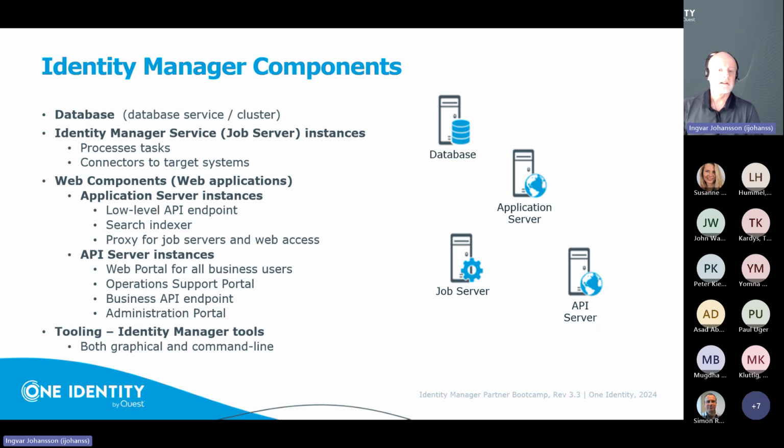First of all, it provides the low-level API endpoints, it will be the search indexer, it will index searches from the web portal, and it can also serve as a proxy for job servers, and as a proxy for the API server, so for the web access. So you can use it to build a three-tier implementation if you so wish.